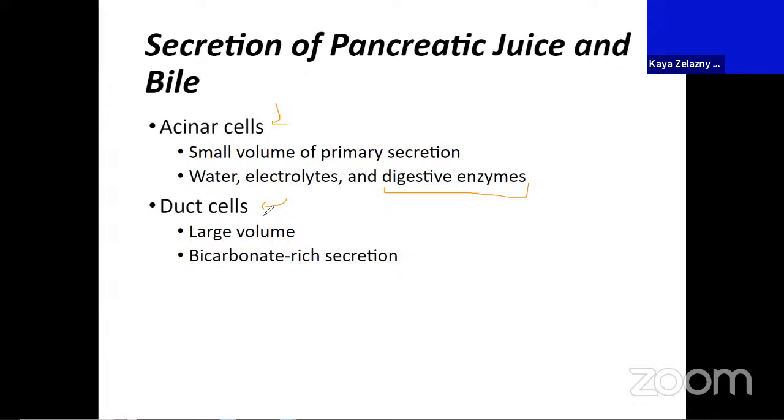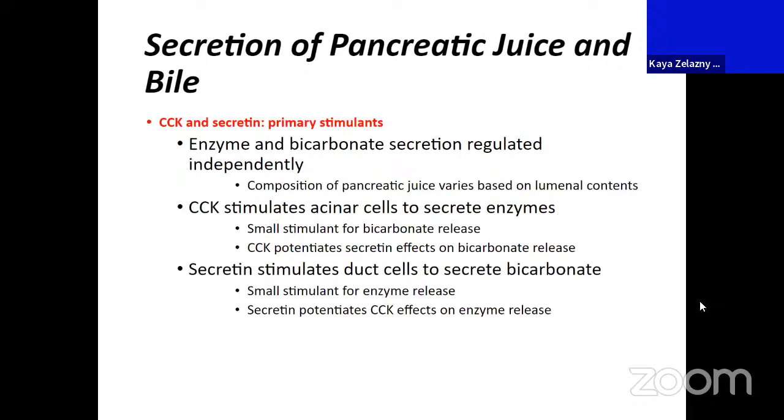So our acinar cells are more responsible for digesting the food. The duct cells are more responsible for making sure you don't burn your insides with stomach acid. That's their two jobs, basically. Okay. So we've got molecules that are controlling this process.